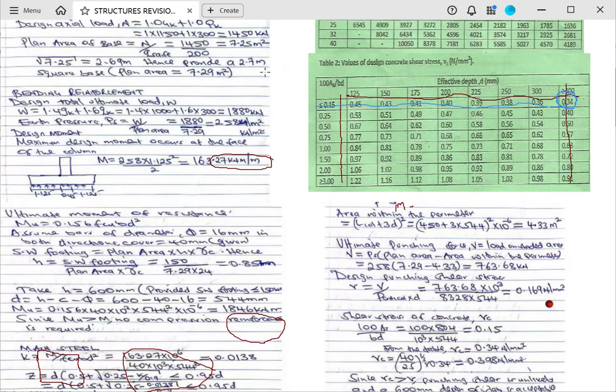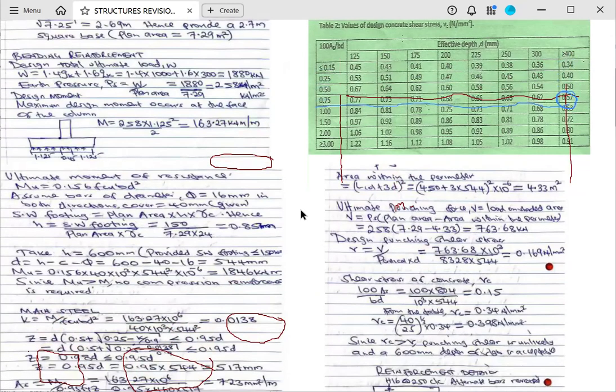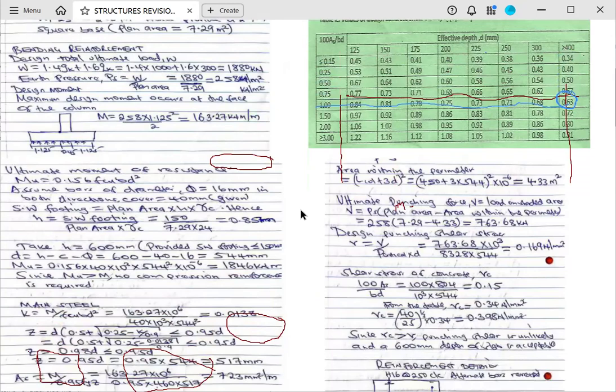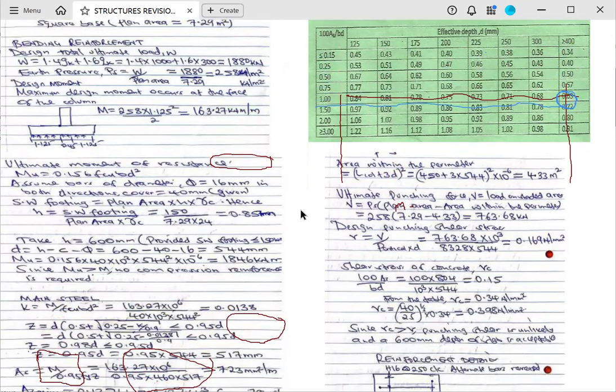Remember, these tables were made on the criteria of an FCU of 25 Newton per millimeter square. But what we are using is 40 Newton per millimeter square. Now we have to modify it by taking the FCU over 25 power a third multiplied by what we read in the table, which is 40 over 25 power a third times 0.34, which is 0.398 Newton per millimeter square.